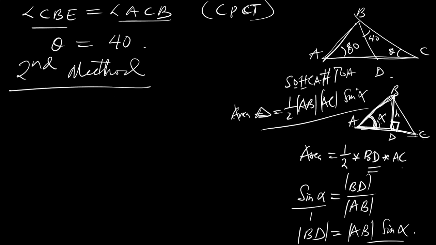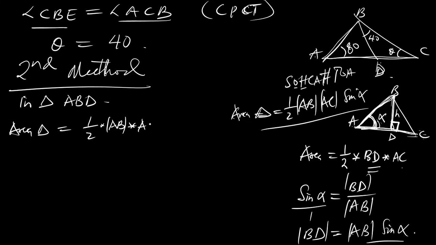So here now, in triangle ABD, the area of that triangle will be half times AB times AD times sine 80.